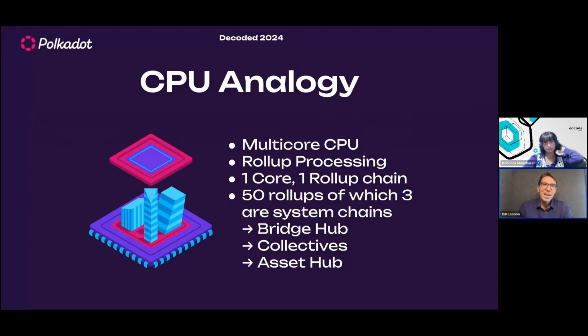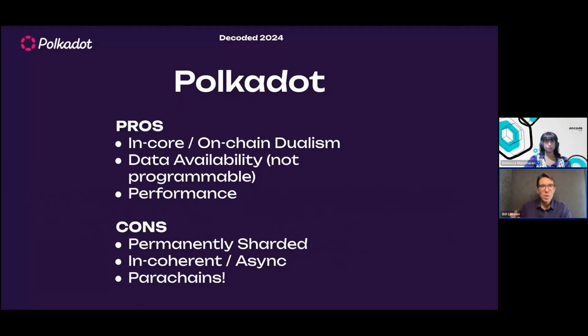So if we have this CPU and we're moving towards more generalization of how the network works, well, we start thinking about what exists currently in Polkadot and how we can move forward with it.